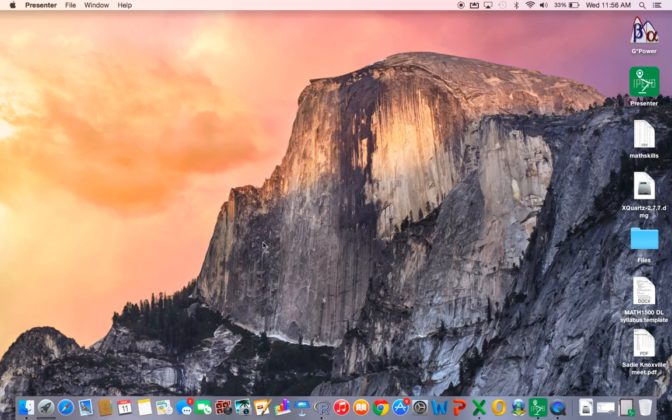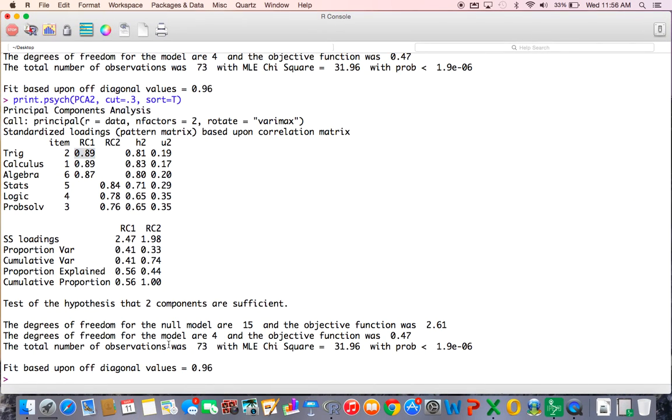So what I want to do now is create a new model, but I want to run an oblique rotation. So I called the last one what? PCA 2. So I'm going to call this PCA oblique 1. Still principal. That's what I like about that.